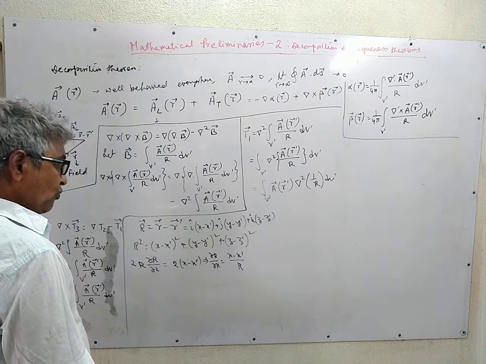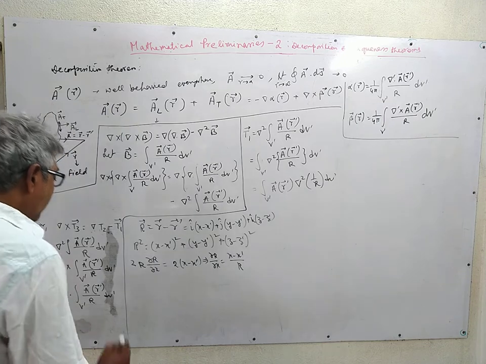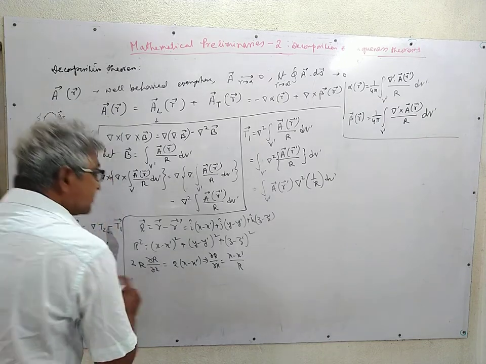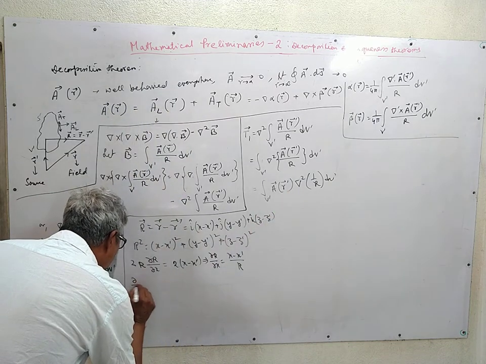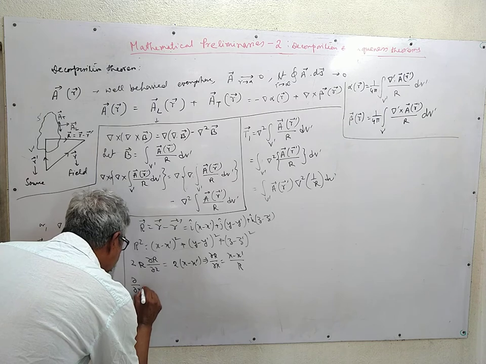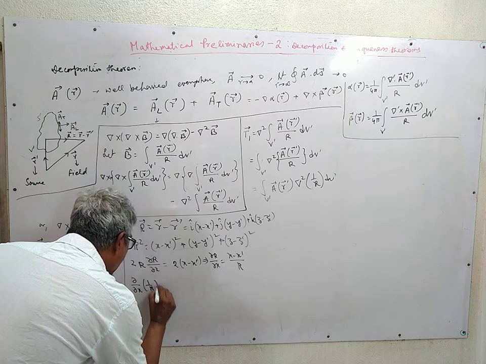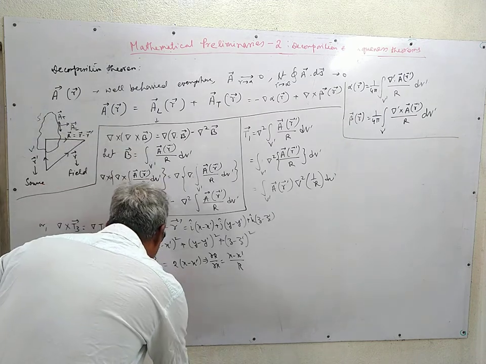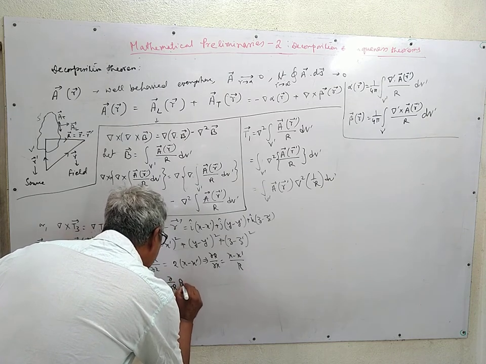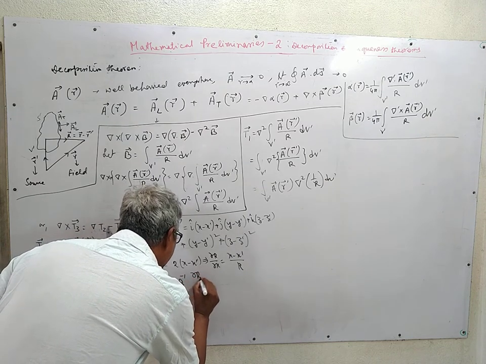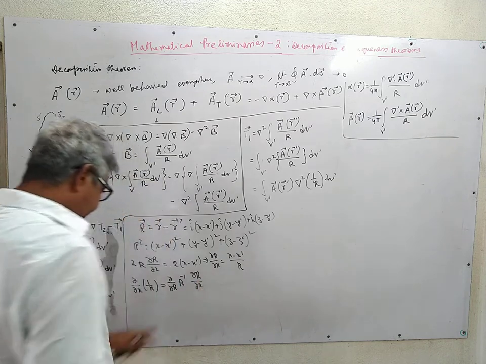Now we are to calculate terms in this. We are to calculate del 2 del x2. So first let us calculate this, which we write as del x of 1 by R, then del R del x.